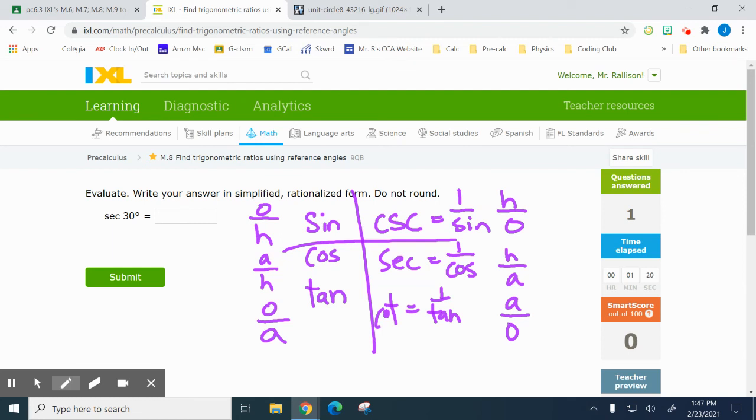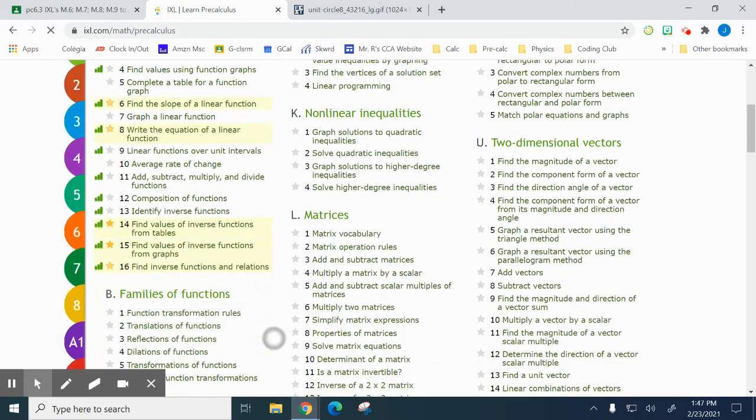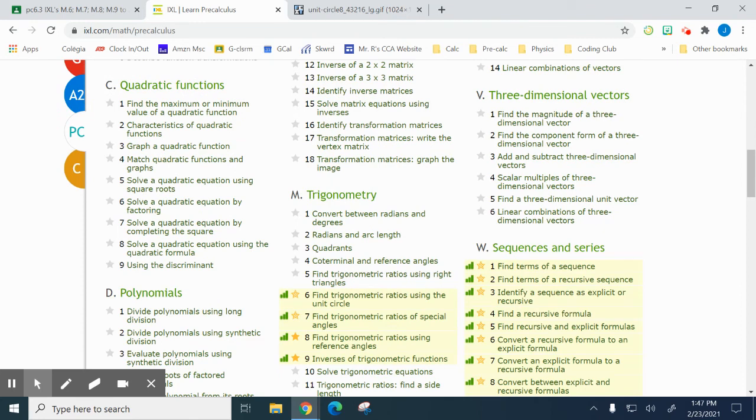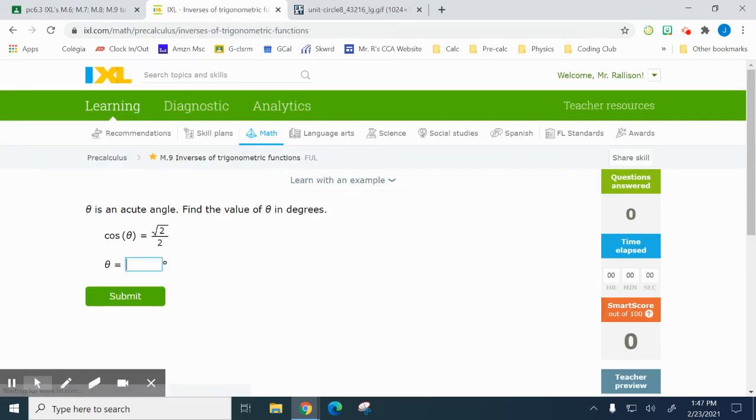And now we're going to go back and see if I can get enough here to get at least a moment or two. M9 was the last one, inverse trigonometric functions. If the cosine of the angle is square root of 2 over 2, you just have to go find the angle, right?